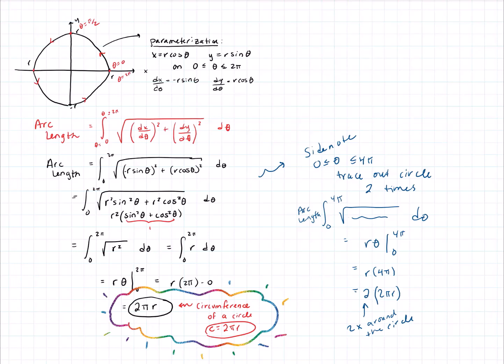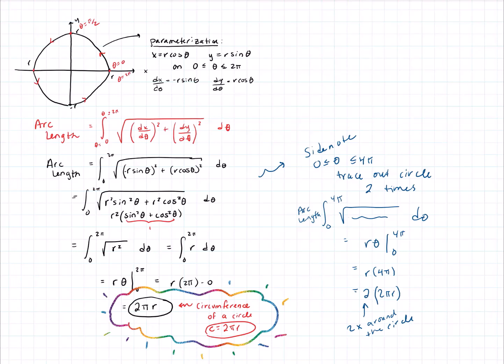It will take that parameterization and calculate the arc length 2 times around and give us back 4 pi times the radius. So that's the piece about making sure you trace out the curve one time. If you increase the parameter and go more than one time around the curve, then you're going to get the arc length of whatever you've asked the integral to calculate.